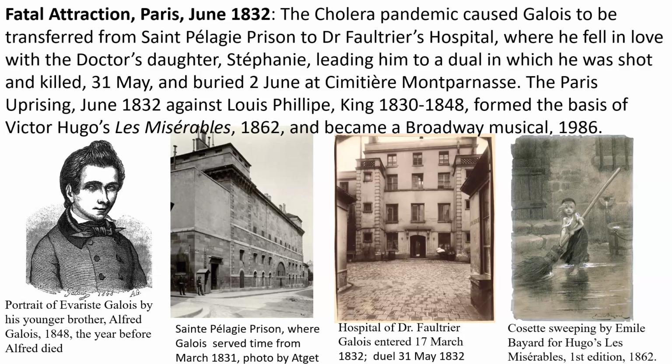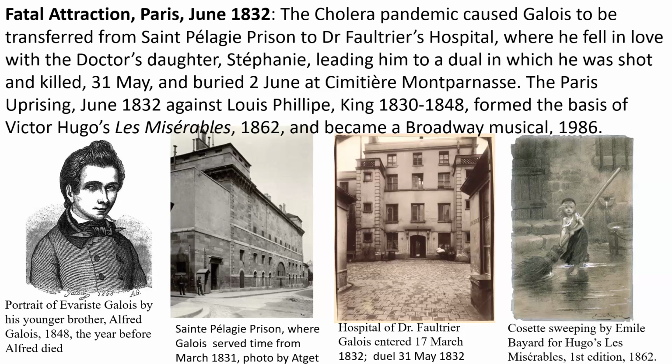But he had made a plan, he felt that he was at his end, and he had already arranged for his friend Chevalier to give all his manuscripts to Liouville. Liouville was an important mathematician in his own right, 2 years older than Galois, and they had been in school together. They were great friends. And Galois, the main condition was publish my last works that I've done here, this math. And he did do that, he did follow through.